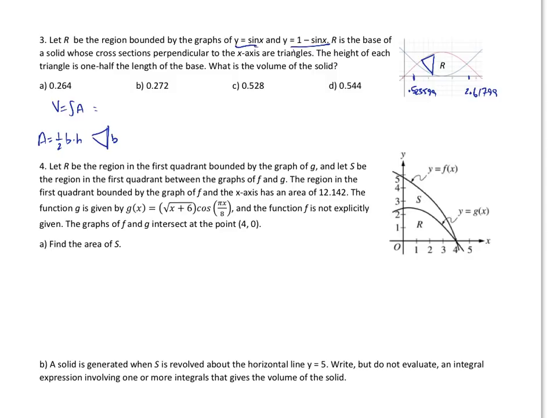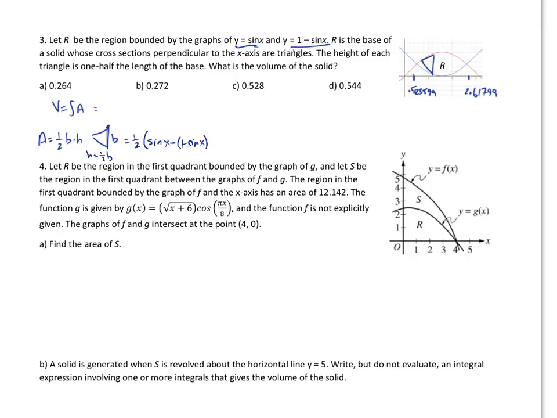So in this case, the area will say, and our height is going to be 1/2 that base. So we can end up saying this is 1/2. And now the length of the base, remember, it's this top equation minus the bottom, which ends up being sine x minus 1 minus sine x.